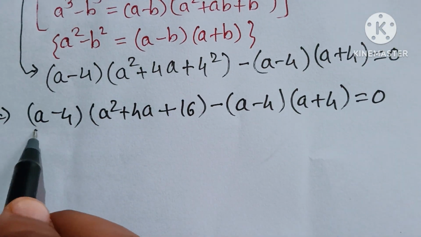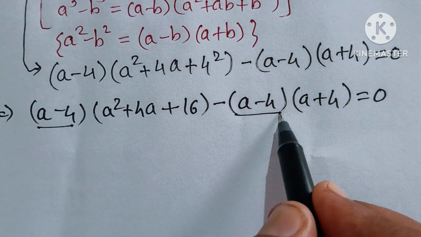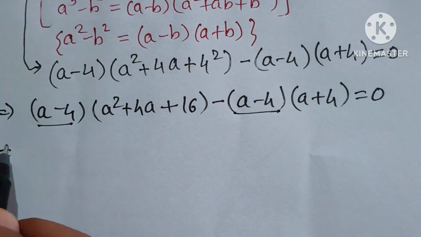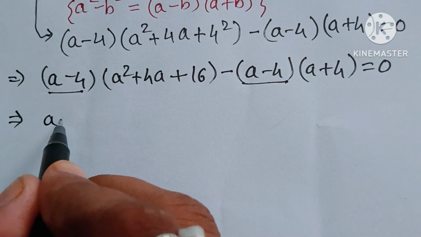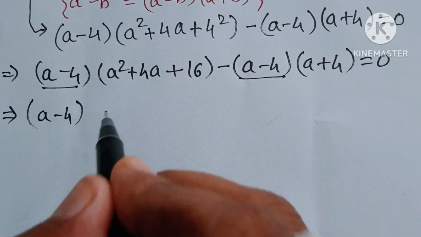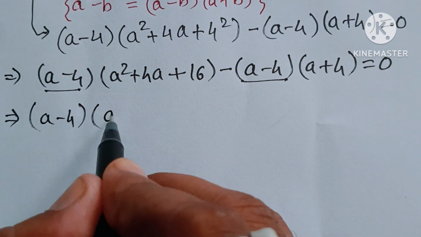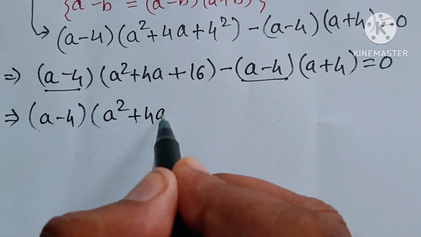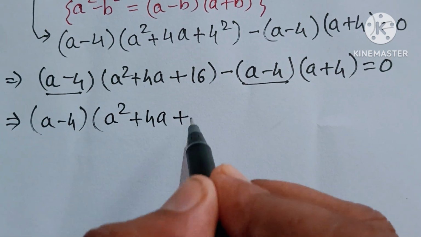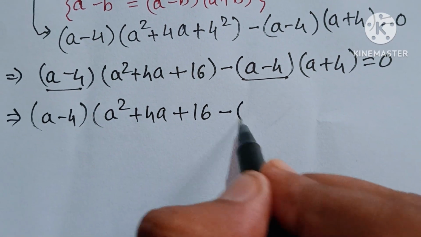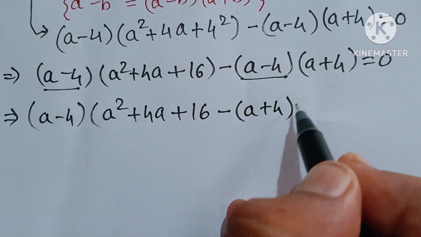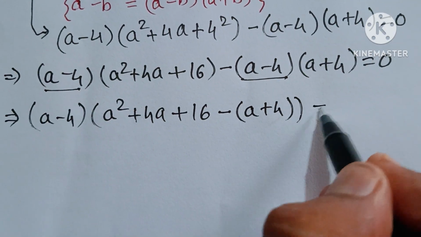Now take (a − 4) common. So what we get here: (a − 4) we take common, and in another bracket remain a² + 4a + 16 minus (a + 4) = 0.